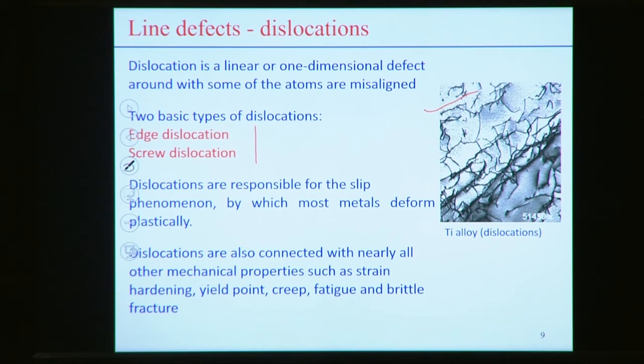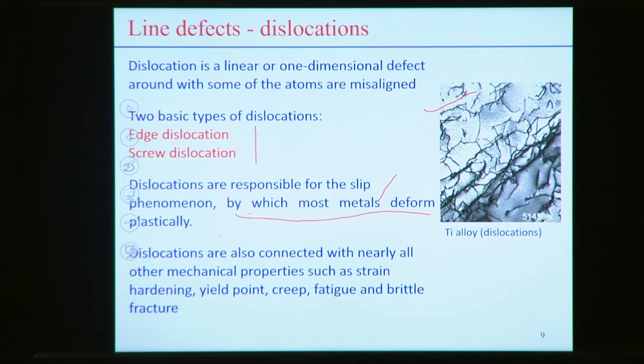Now, dislocation is actually responsible for the slip phenomenon by which most materials deform plastically. We can better explain it by looking into the basic mechanism of the dislocation, the slip phenomenon or plastic deformation behavior of the material. Dislocations are also connected to nearly all other mechanical properties, for example strain hardening, yield point, creep, fatigue and brittle fracture.